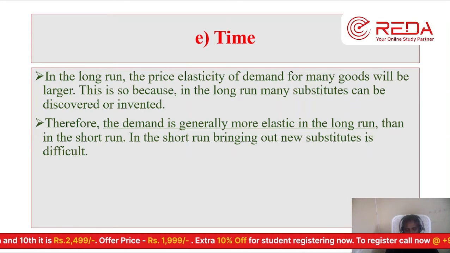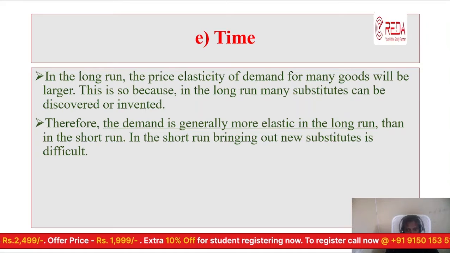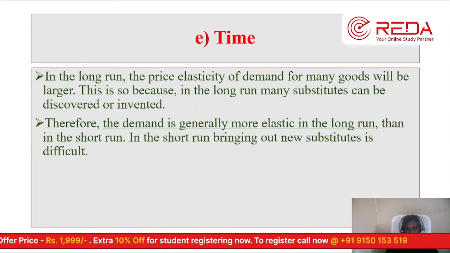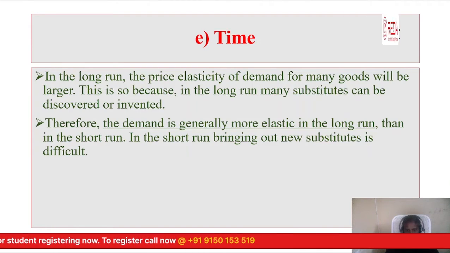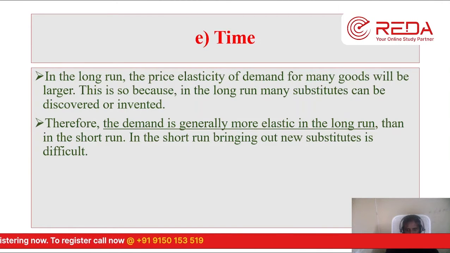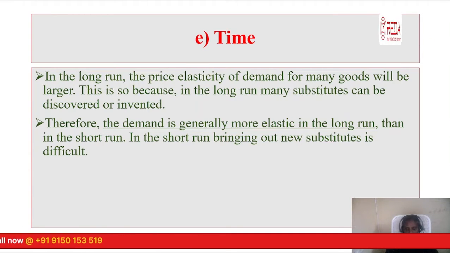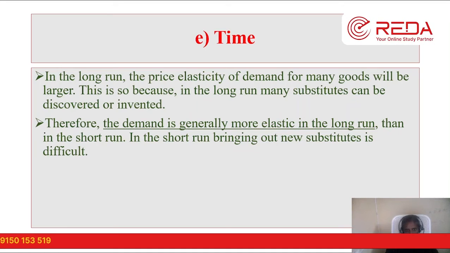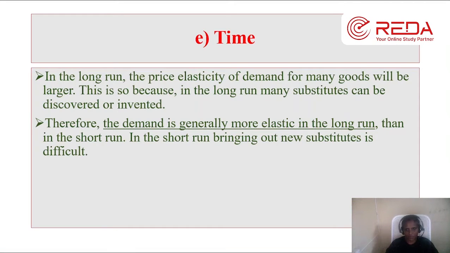That's how the producers or sellers look into how prices and demand for their commodity behave. They do research and come to a conclusion about in which period the demand will be elastic or inelastic, whether in the long run or the short run. So this determinant is helpful for the producer or seller to forecast the price and demand for the commodity.